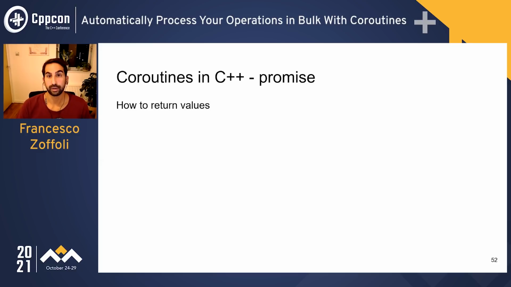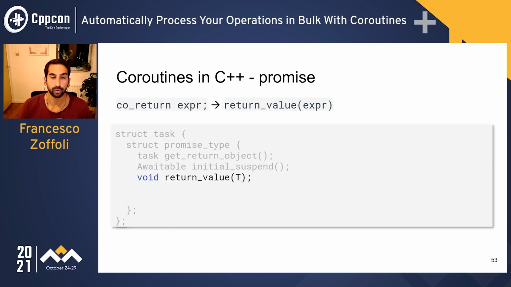So let's see how we can return values from a promise type. If the compiler finds a return with an expression, it's going to call return_value, passing the expression to the function. Otherwise, if it just finds return, it's going to compile this to an invocation of return_void.